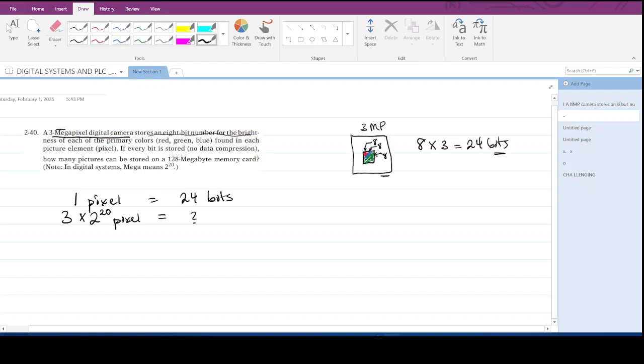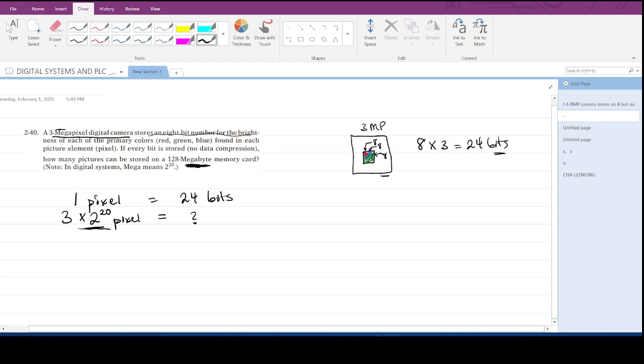How many bits would I then have in this 3 megapixel picture? I want it in bits so that I can work with my 128 megabyte memory card. I'll convert that to bytes so I can work with my 128 megabyte memory card.